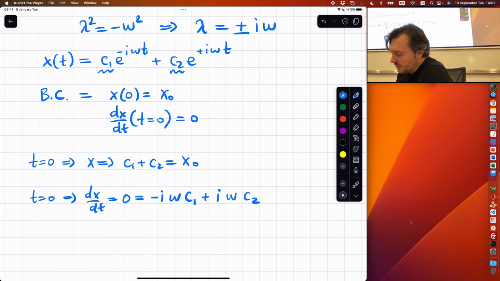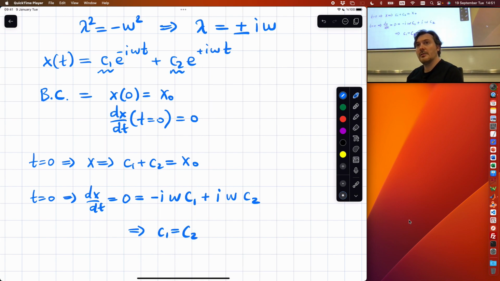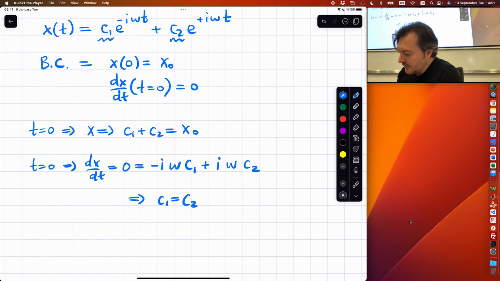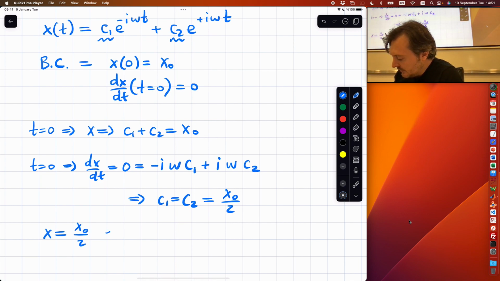So what do we get from this? c1 is equal to c2, which tells you that you basically have c1 equals c2, which is x0 over 2. Then the solution is x0 over 2 times e to the i omega t plus e to the minus i omega t.